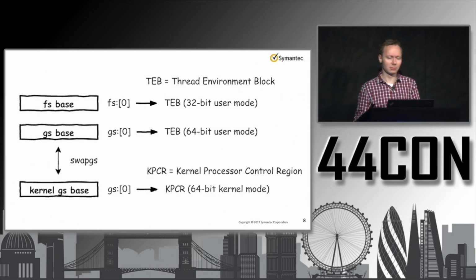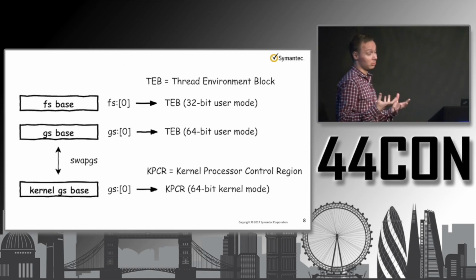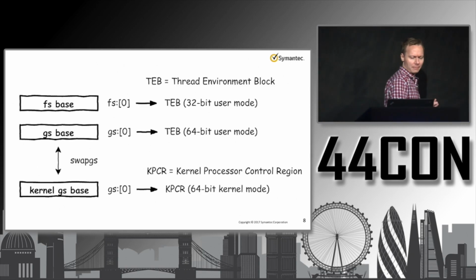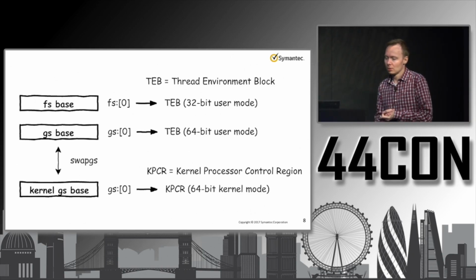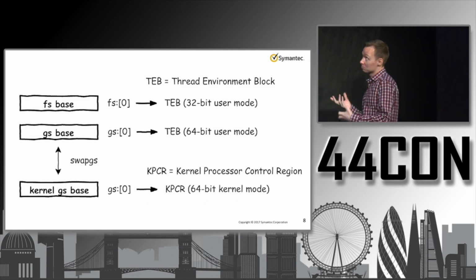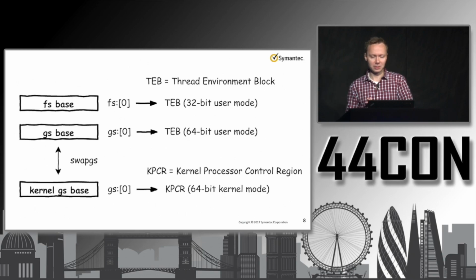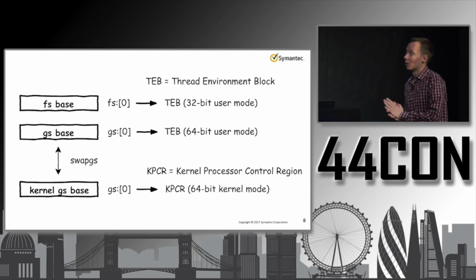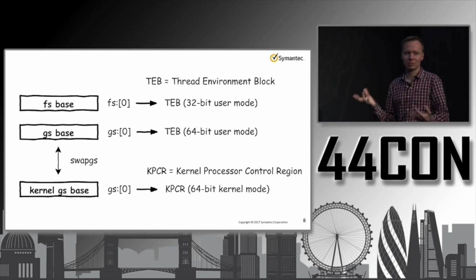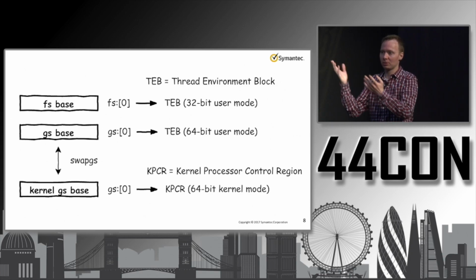Okay, so this is where we need to start parsing Windows, the kernel's structures in memory and that kind of stuff. There's a few very important registers on the CPU related to these things. There's the FS and the GS base, which is normally in user mode used for the thread environment block. Have you ever seen shellcode on Windows using the FS prefix, like 30 something?